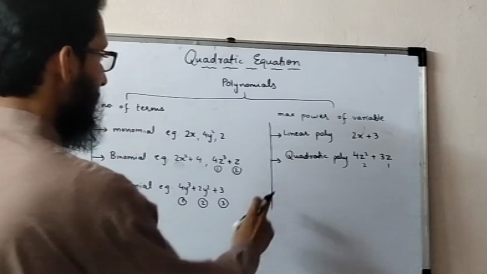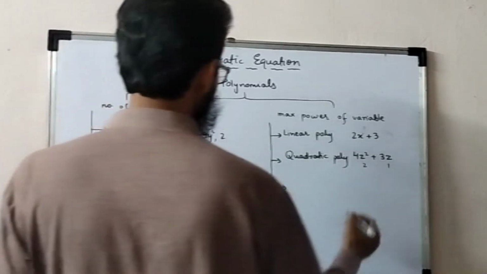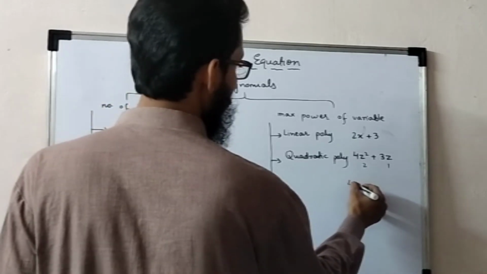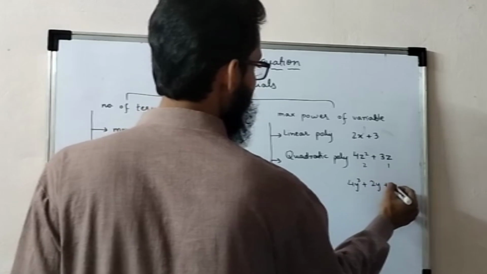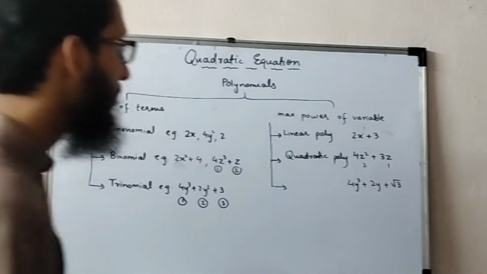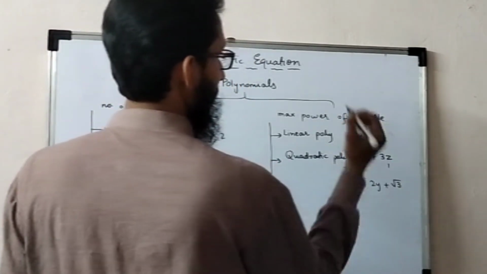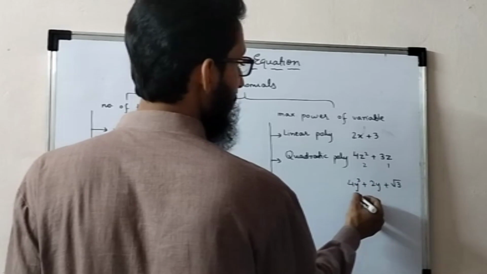Now the third type is if we have maximum power 3. For example, 4y cube plus 2y plus root 3. In this polynomial we have 3 terms. Now the variable is y. Here the power of this variable is 3.